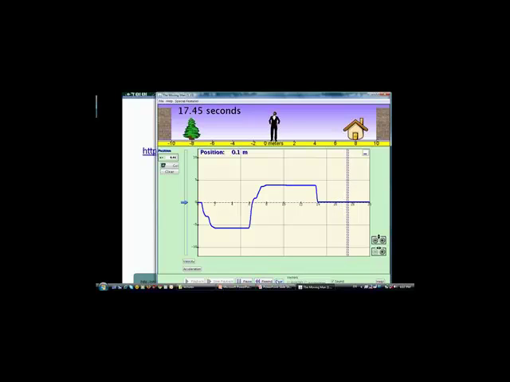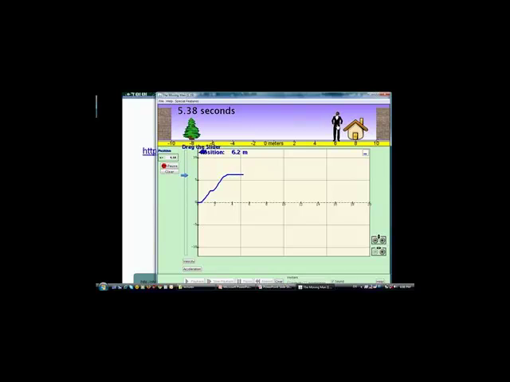Let's try to show another example. I'm clearing the graph. Now in this particular case, I'm going to move him towards the house, and then back, and then forward again. Towards the house, I'm going to move him slowly.